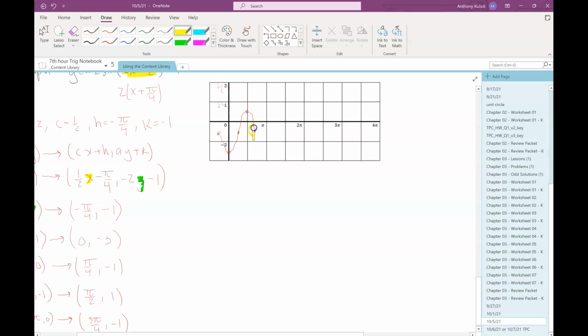So if I start here, from there I should be going down to the minimum and then back to the middle and then up to the top and then back to the middle, down to the bottom, back to the middle, up to the top, middle, bottom, middle, top, middle, bottom.